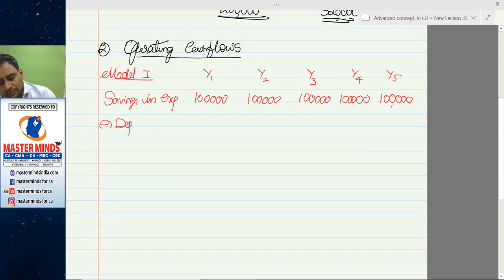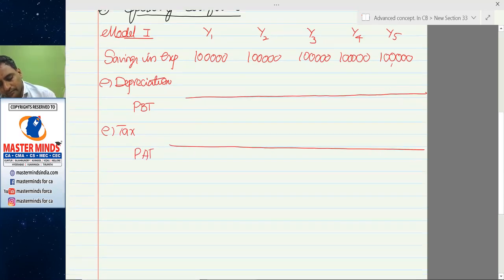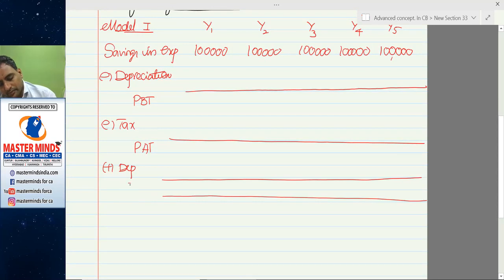Less depreciation, less tax, then add back depreciation. This is CFAT.